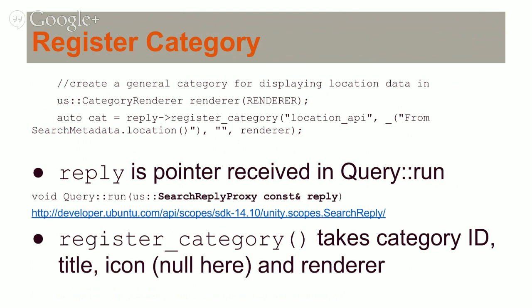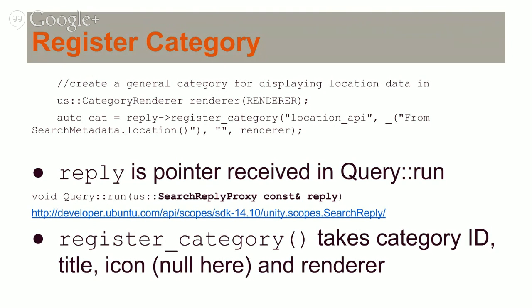If we look at that in a little more detail, we have reply, and we're calling the register method on the reply pointer. Well, this reply pointer is received in the query run method, and I show that right there. Query run receives a search reply proxy, which is a pointer to a search reply.